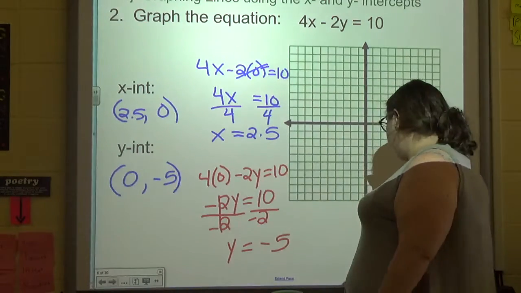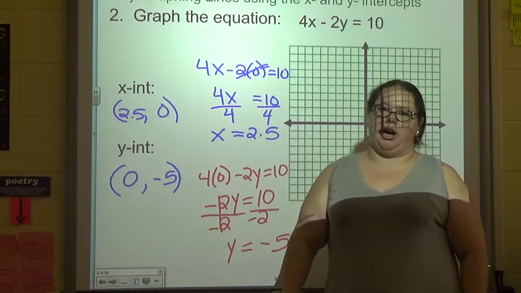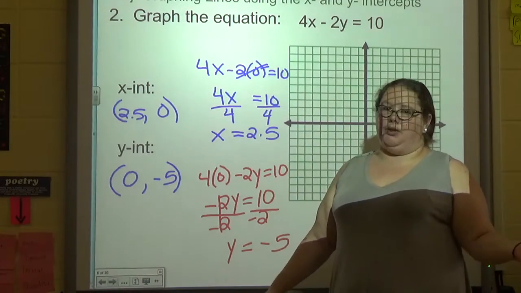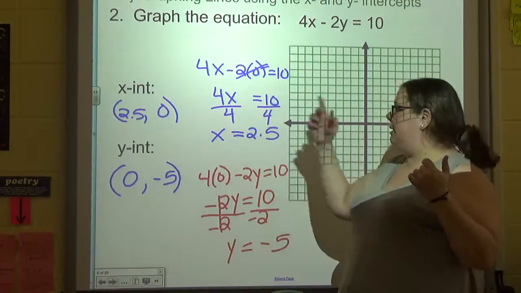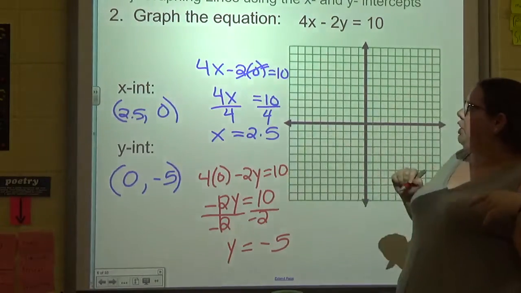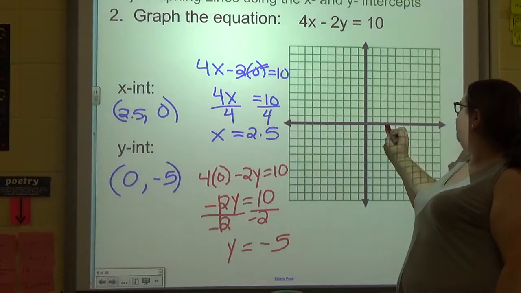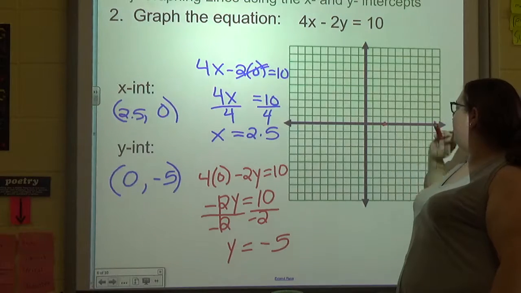So you have a choice. It really depends on your teacher. I'm totally good with doing 2.5 on my graph. Maybe your teacher tells you to scale it so that it'll be a nice point. I'm not that picky though. So for my (2.5, 0), I'm just going to count 1, 2, and a half and put a dot just in the middle.